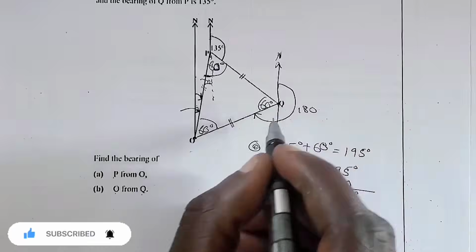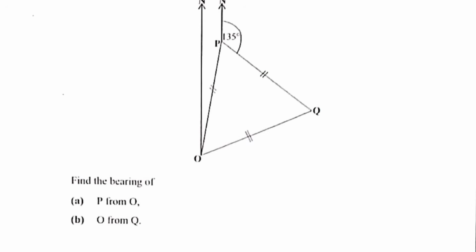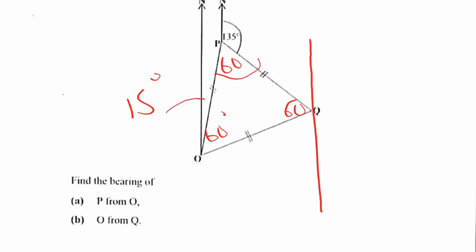This is a straight line, and a straight line is 180. Are we together? We already know that this angle here is 15 degrees. Then what is inside here is 60 degrees, even here 60 degrees, because it's an equilateral triangle. This is north.